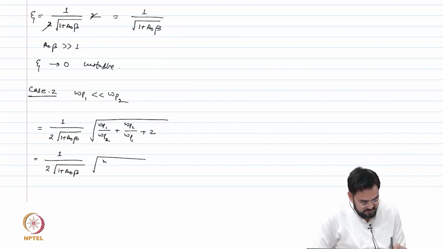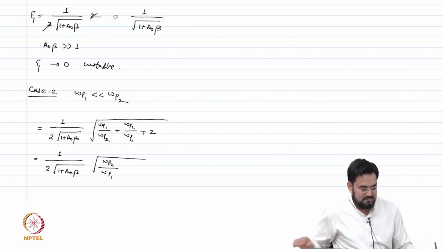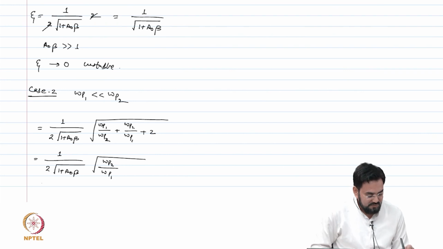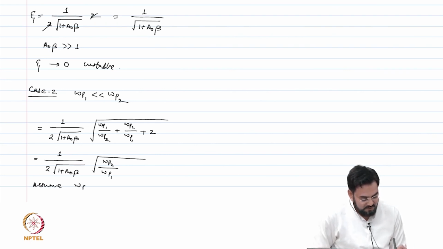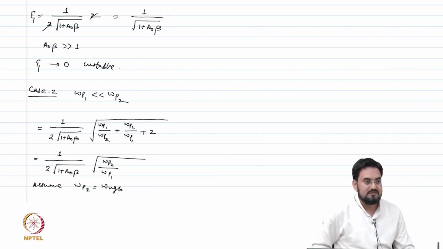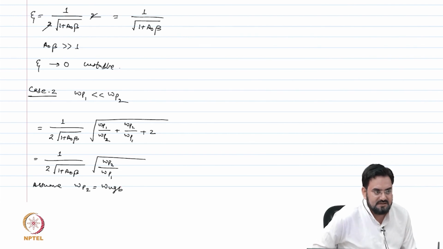So, now assume omega p2 is at UGB for 45 degrees phase margin. Okay.